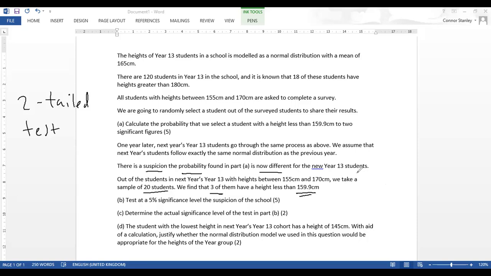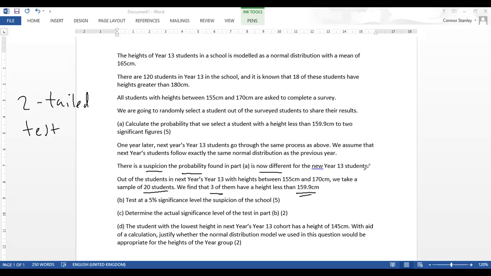We're counting the number of successes that we get out of a sample of 20. What is this going to be? This is going to be a binomial distribution hypothesis test, because we're counting discrete numbers. We're counting the number of students who have a height less than 159.9 centimeters.